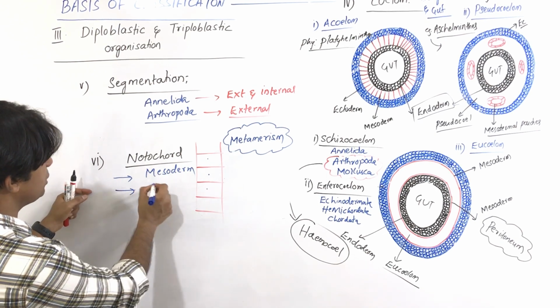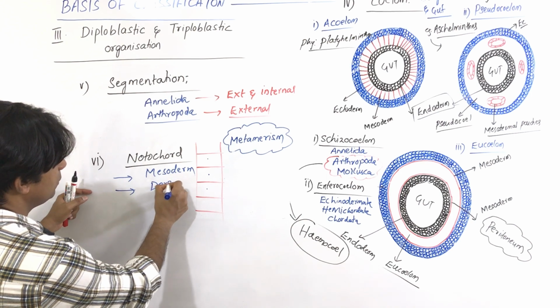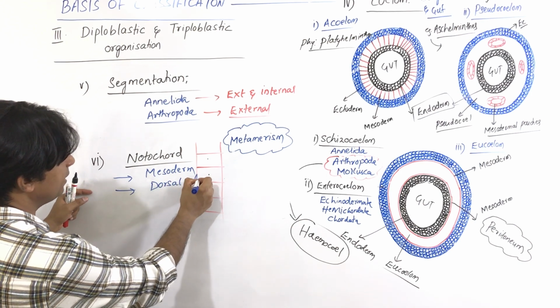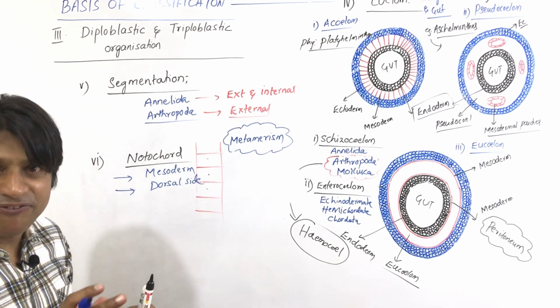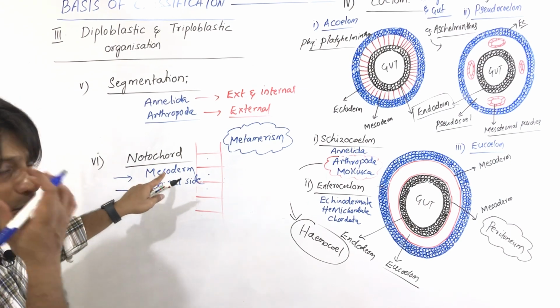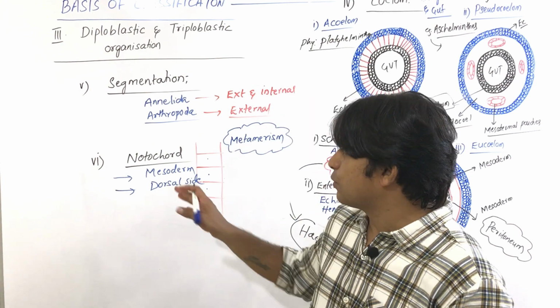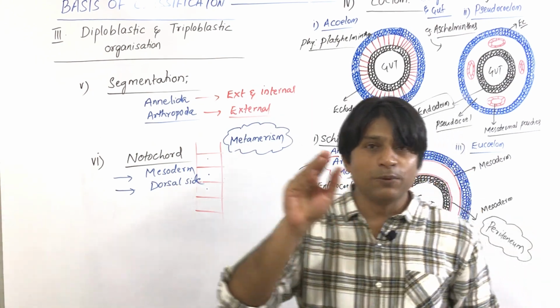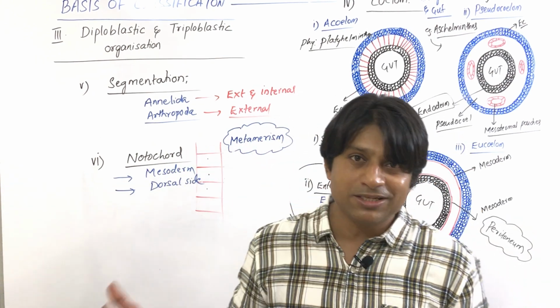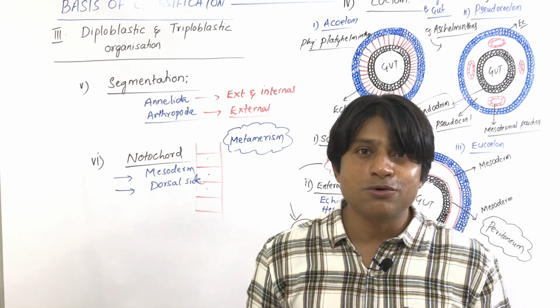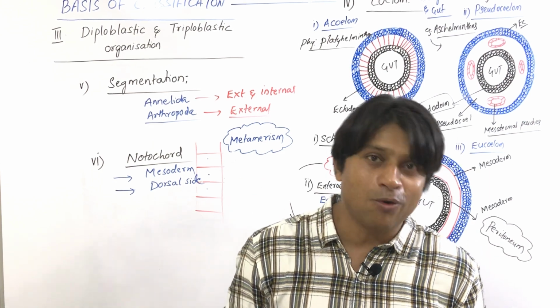Notochord is placed on the dorsal side. It is a flexible elastic rod like structure. That flexible elastic rod like structure is called notochord. Animals with notochord are called chordates. Animals without notochord are called non-chordates.